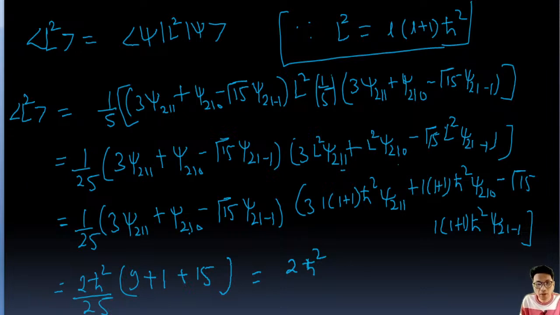Okay, now we will find the expectation value of Lz square. That we are going to find, and here we know this is going to be psi Lz square psi.